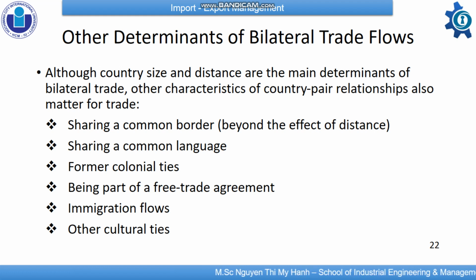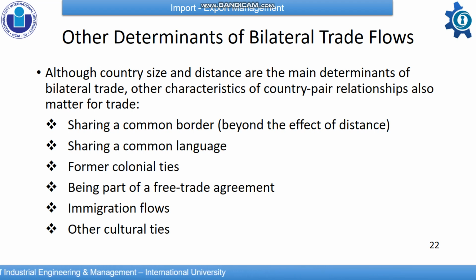For example, China colonized us for more than 1,000 years, so we tend to trade with China more. And also immigration flows or other cultural ties. For example, we have the same culture. It also matters to the trade volume.